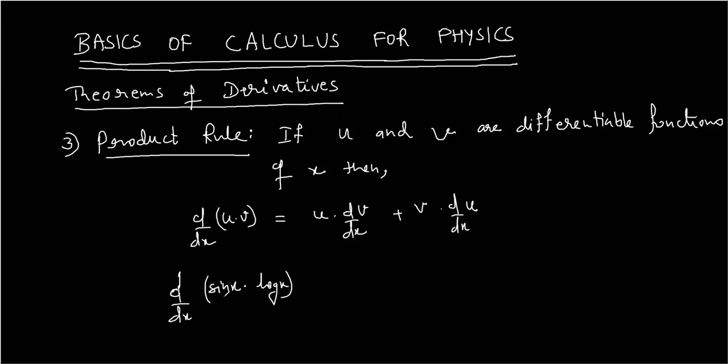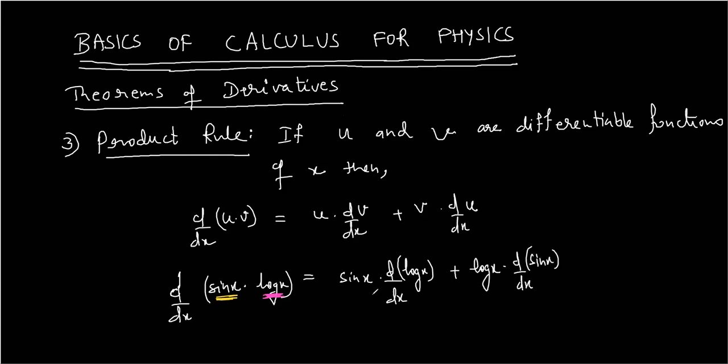So if I have to differentiate sine x into log x, then what would I do? It will be sine x d by dx of log x, plus log of x d by dx of sine x.